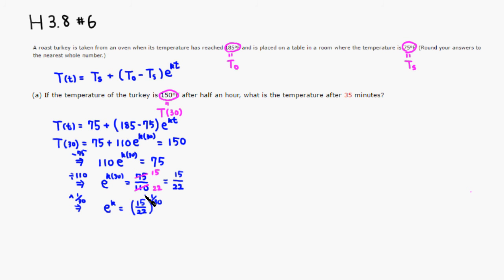Once you know that, we have a complete formula for the temperature function. T of t is equal to 75 plus 110 times e to the kt, which is 15 over 22 raised to the 1 over 30, and then raised to t.